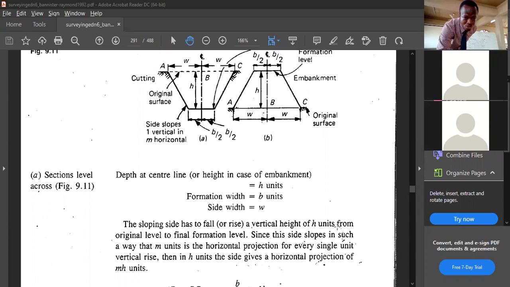Okay, so let's introduce H in the center line. So this is the center line, and the center line is one of the fortune lines within the design.